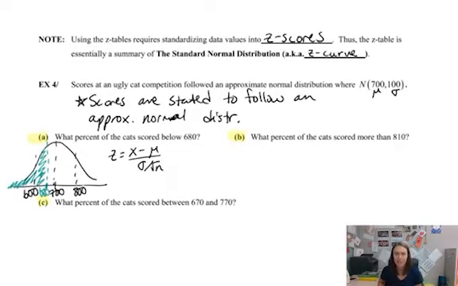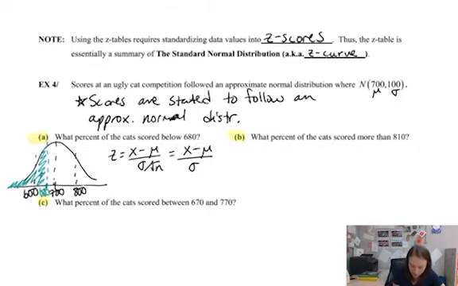Now, we talked about this last time. Right now, we're just going to use n equals 1 because we're not given a specific sample size more than 1. So right now, we're just going to do x minus mean over sigma. But later, we will pull that n in when we start getting larger sample sizes.